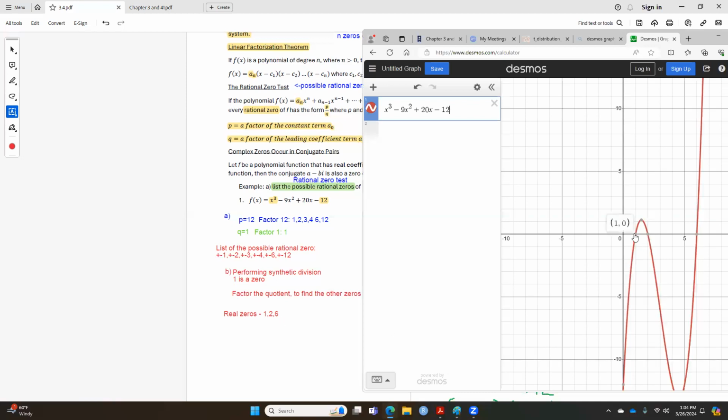It will cross at 1, 0, 2, 0, and 6, 0 on your x-axis. So don't forget, zeros and x-intercepts are the same thing. So finding the zeros here is the same as finding the x-intercepts. So on the graph it will cross at these 3.